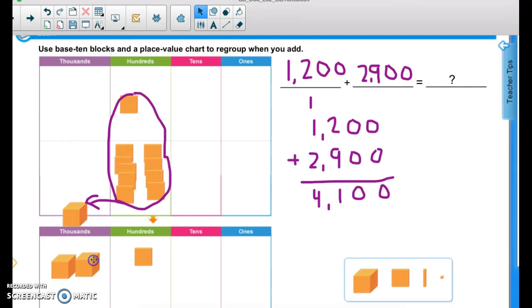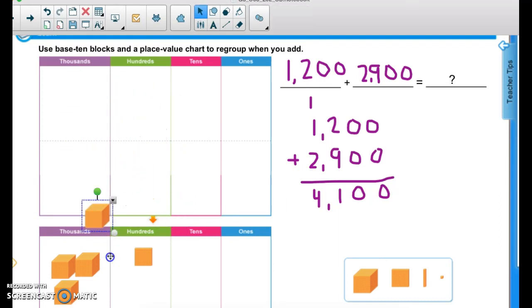Because we're adding them. And then this one we had moved over, so this is now gone because we moved that over and we brought that back down too. So now we have 4,100, just like here.